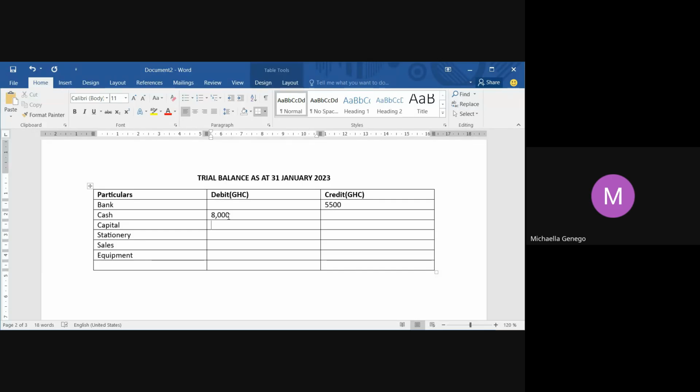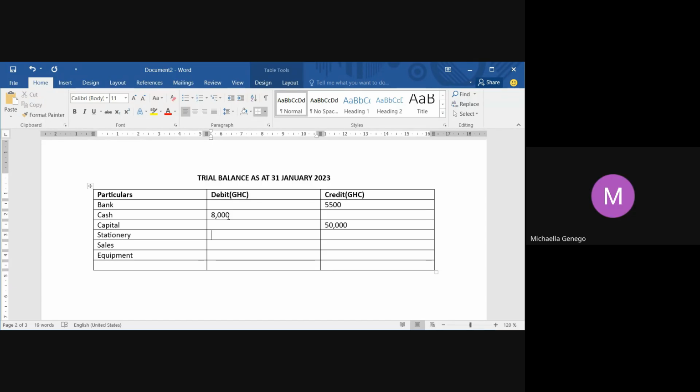Capital, credit or debit? Madam, credit. What's the amount? 50,000. Okay. Stationery, debit or credit? Madam, it was debit.